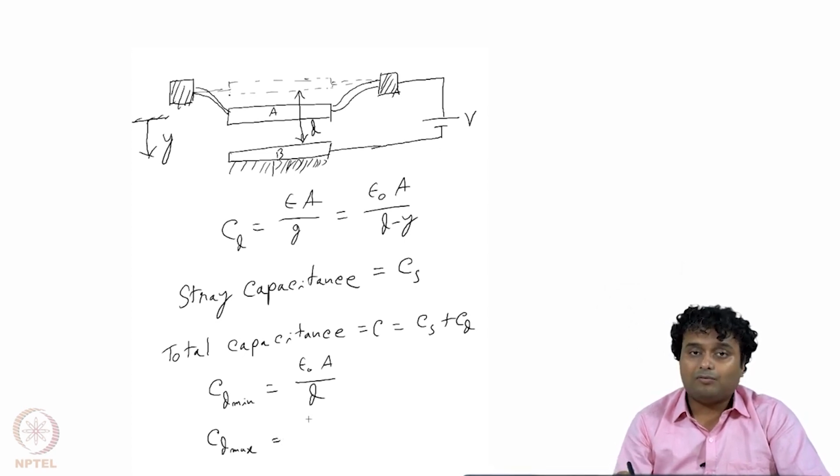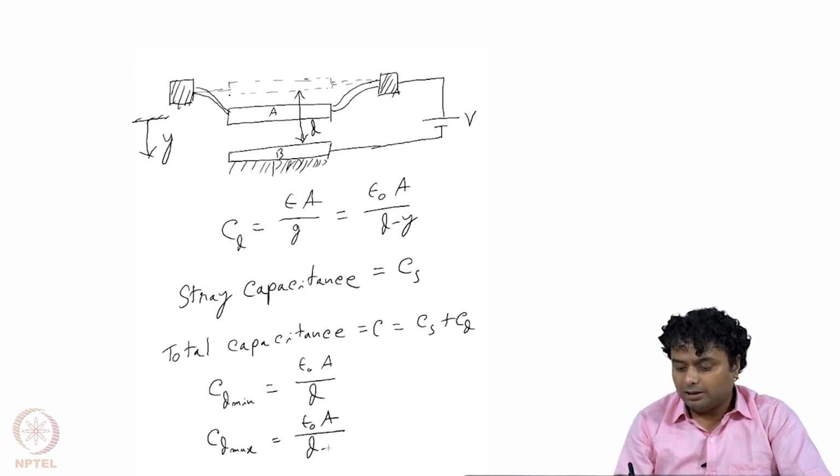That we know from the pull-in phenomenon, because we know that the gap can be reduced maximum by D by 3 without snapping onto the substrate. After that, if the gap is lesser than D by 3, the top plate will snap onto the bottom plate. So CD max will be epsilon naught A by D minus y, with the maximum value of y being D by 3.